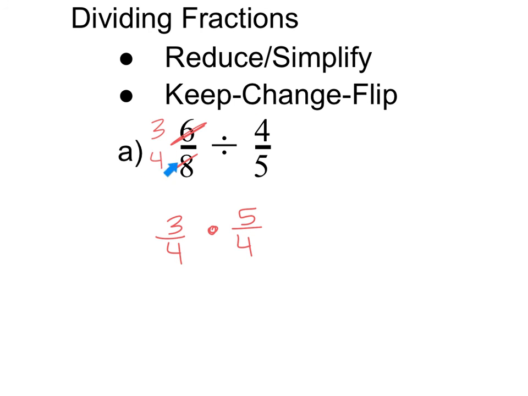So it might be better to just save the reducing until this step right here. It's up to you as long as you can keep it straight. Now it looks like I can't reduce anymore, so I would get 15/16, and that is your answer.